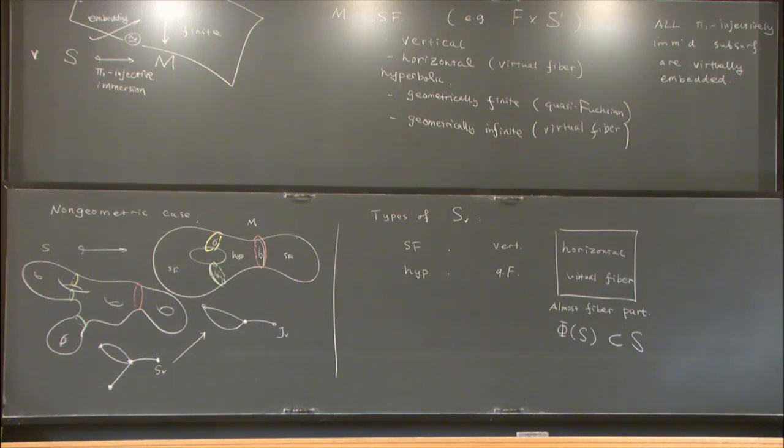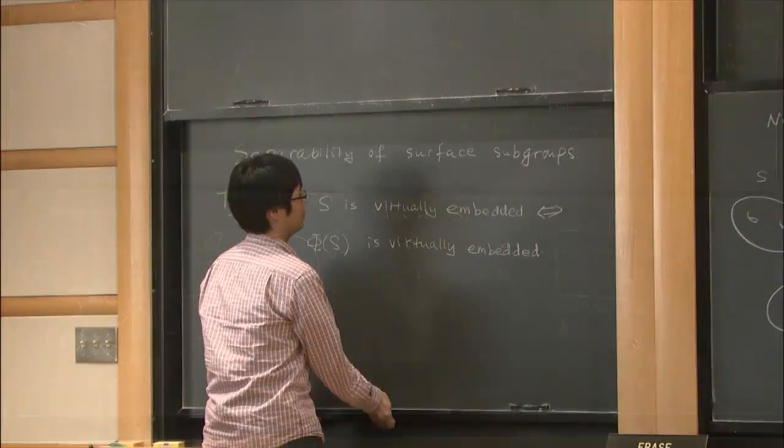Furthermore, you can actually find a nice invariant associated to this almost fiber part that is completely computable, and the geometric meaning of that quantity would be kind of clear, I hope, after I explain it to you.